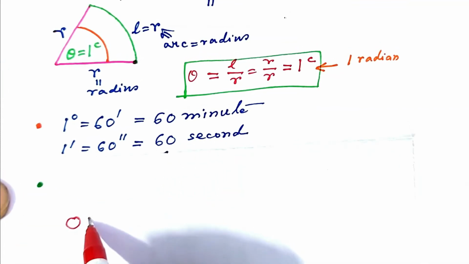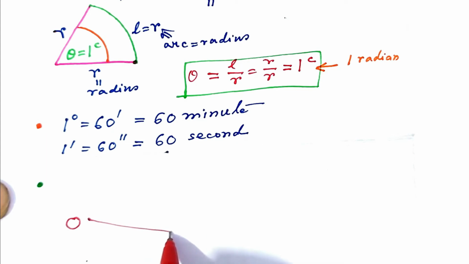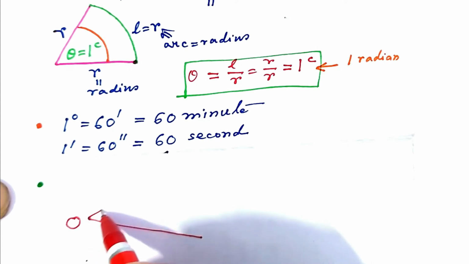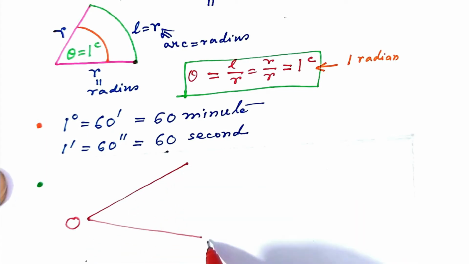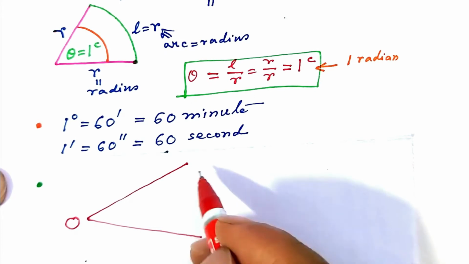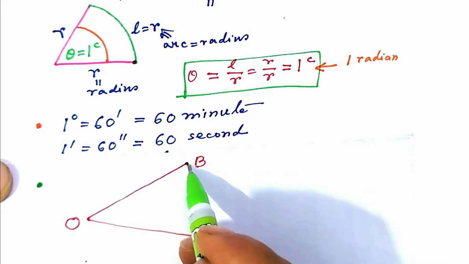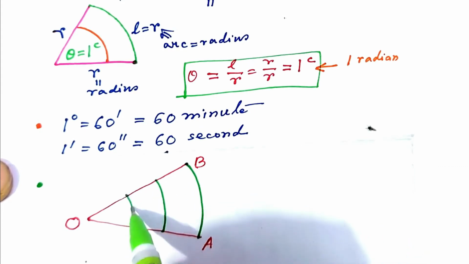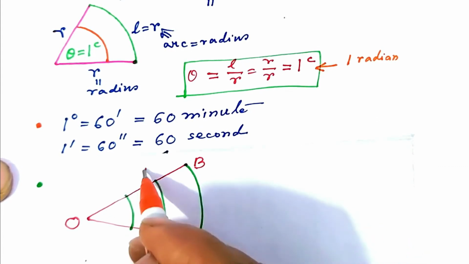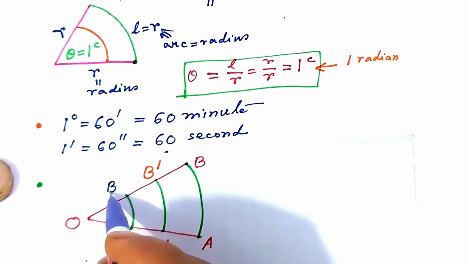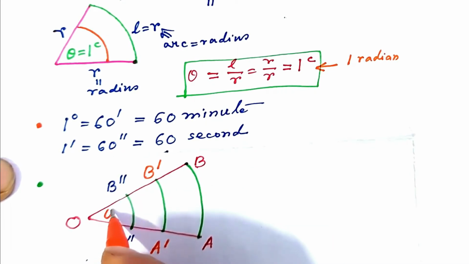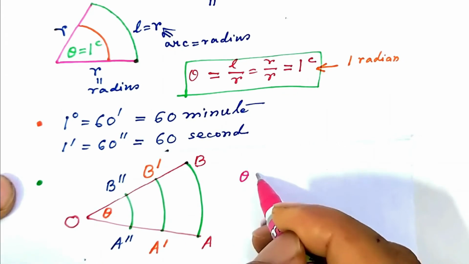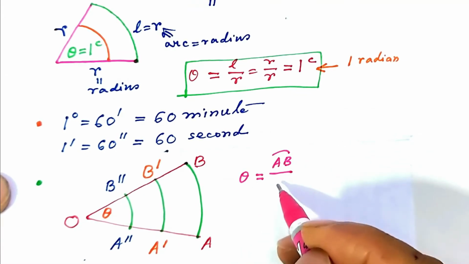Consider a point O. Let us draw a line and another line here from the same point O. So this is line OA and this is line OB. This is the arc AB. We draw 2 more arcs, call them A prime B prime and A double prime B double prime. This is angle theta. Theta equal to arc AB by radius OA.